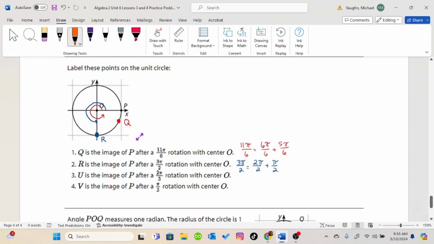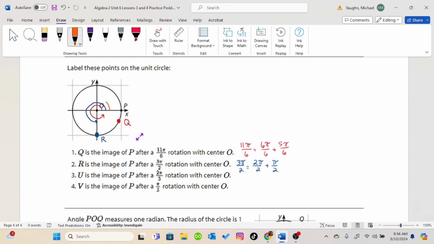Number 3, U is the image of P after a 2/3 pi rotation with center O. So 2/3 pi is less than pi.